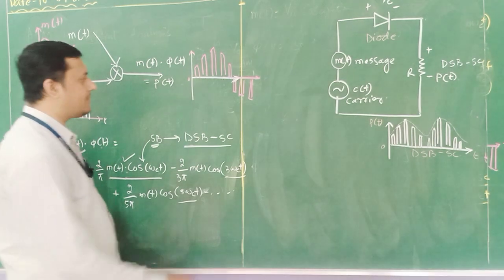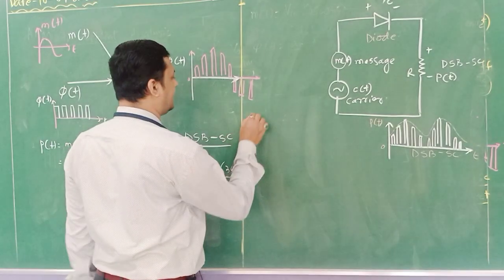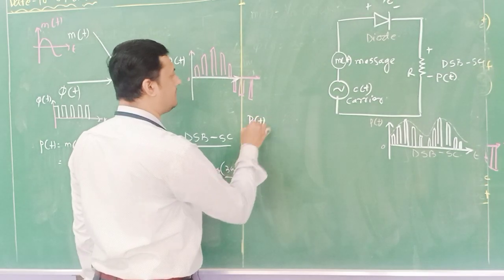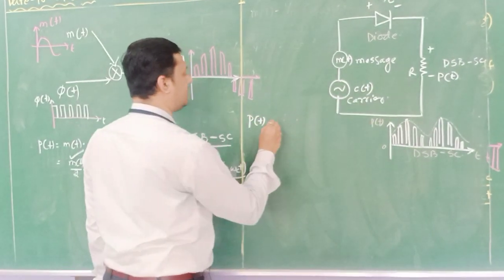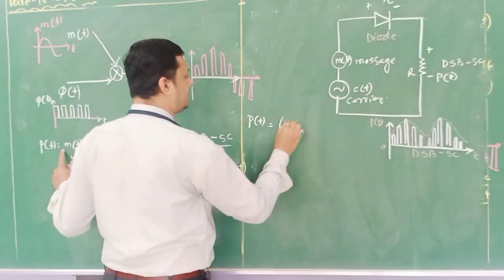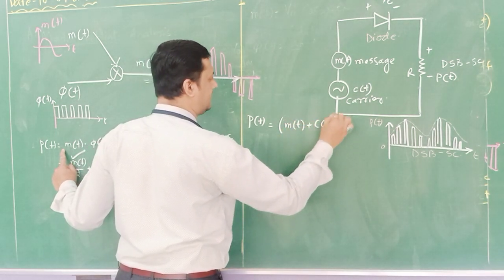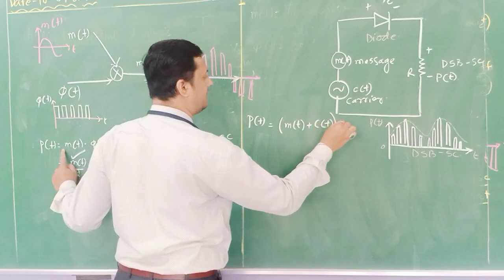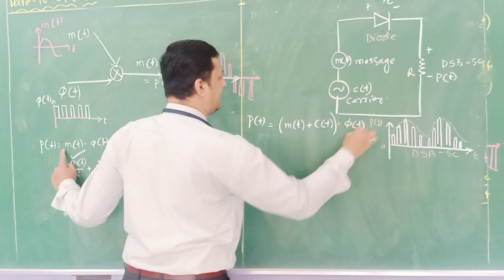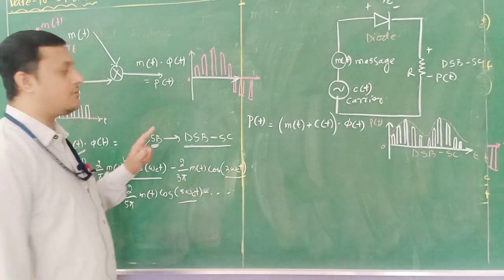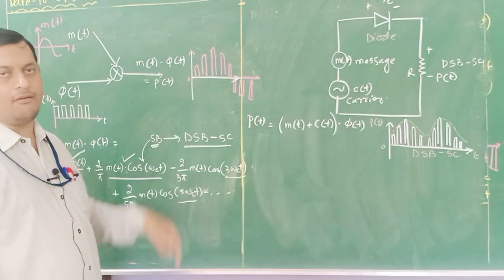Now if I analyze my p of t at this output, in place of m of t I will write c of t, so m of t plus c of t into phi of t. So we need to include the carrier component also.